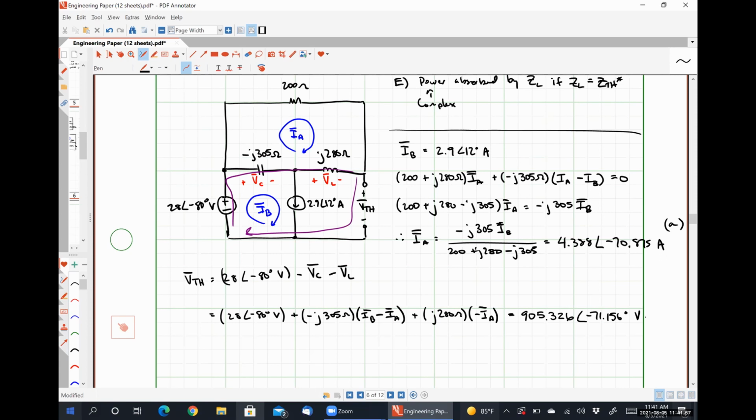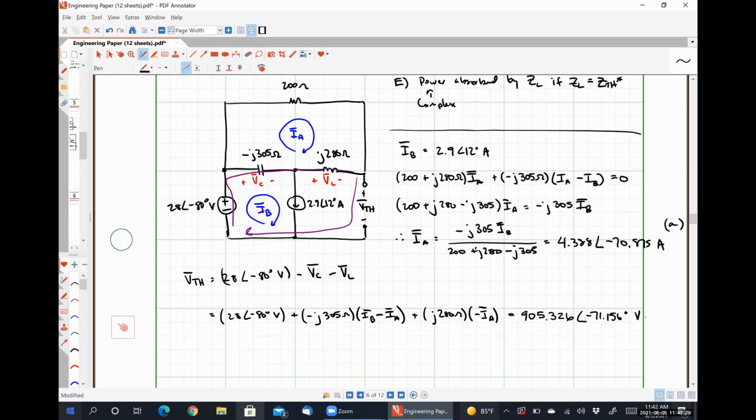Let me make sure I didn't calculate IA wrong real quick, just because when I check the answers in WebWork for the numbers that I have, it's telling me that it should be 850 with an angle of 109.